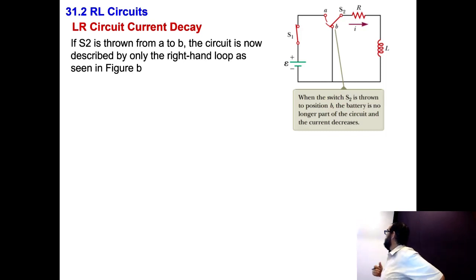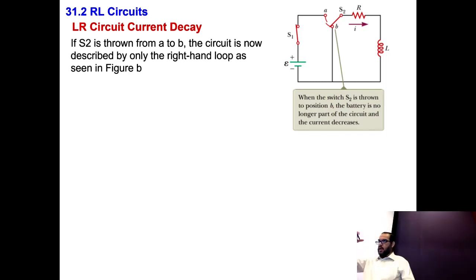Originally you had a certain current, which is E over R, the maximum current. Suddenly when you disconnect from the battery, the current is going to try to decrease.